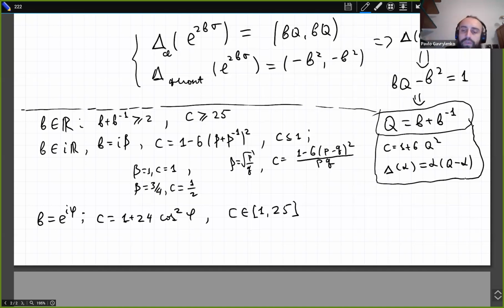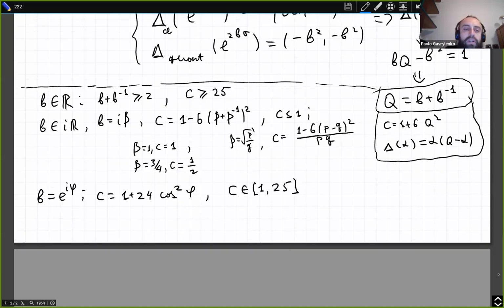And the difference between this domain and the other two domains is that in this case b and b inverse generate the two lattice.